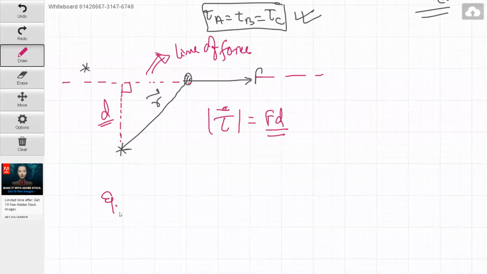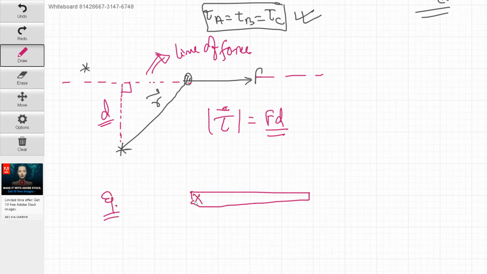As for example, suppose this is the rod, hinged at this point. Suppose force F is acting at this place, that is 50 Newton, and suppose this length is 1.5 meter. What is the torque?